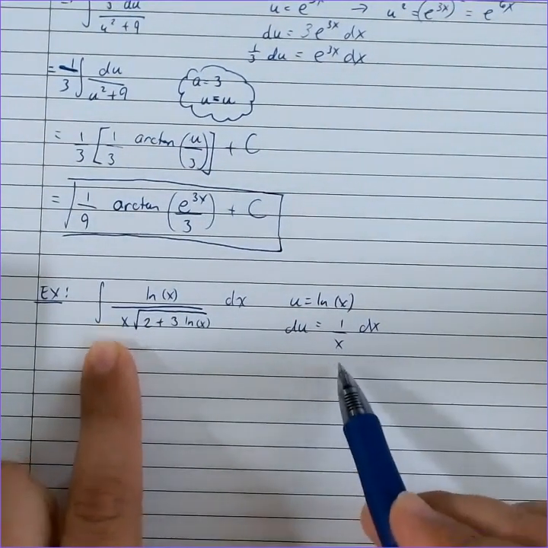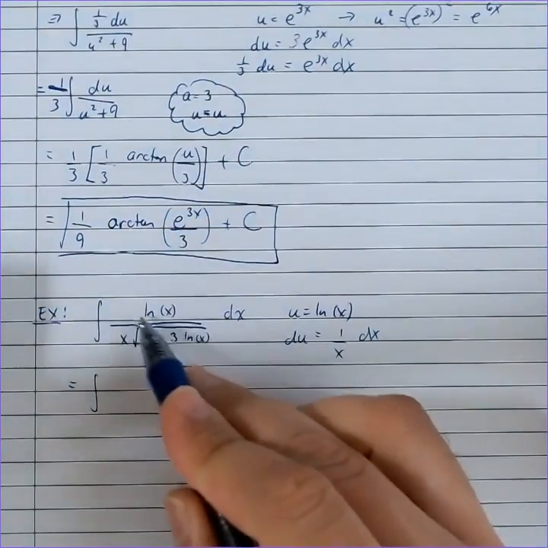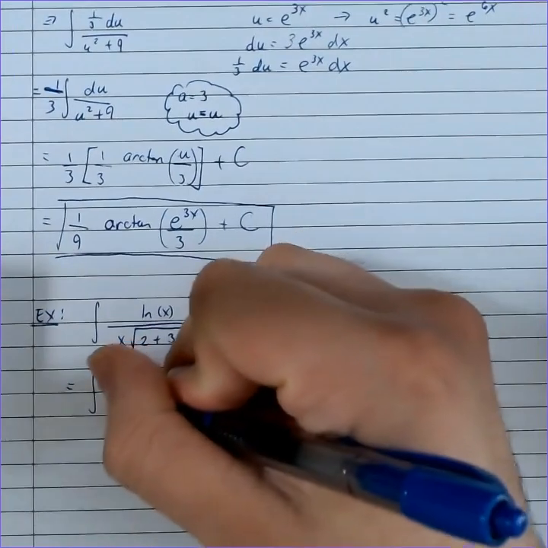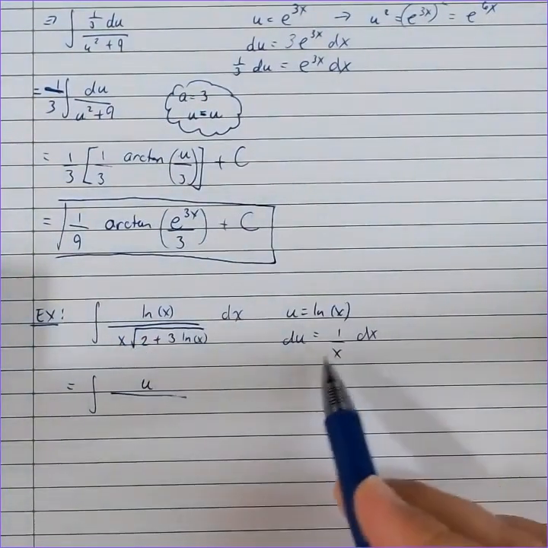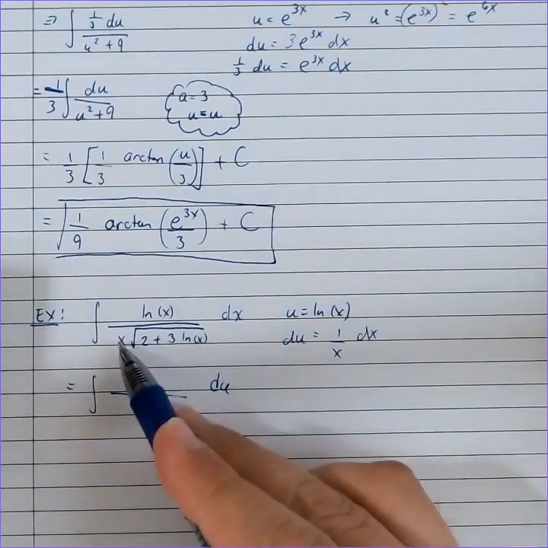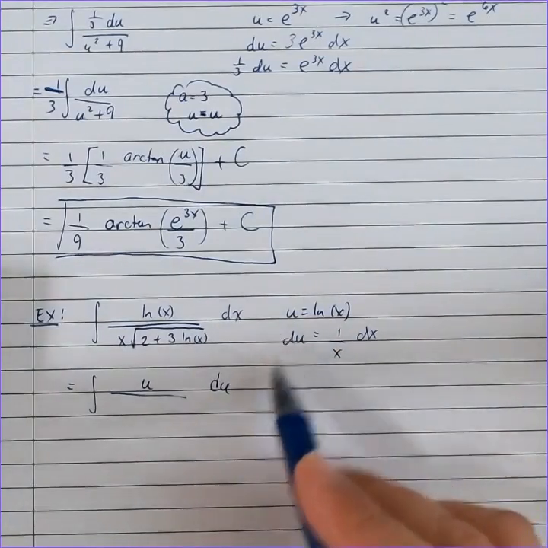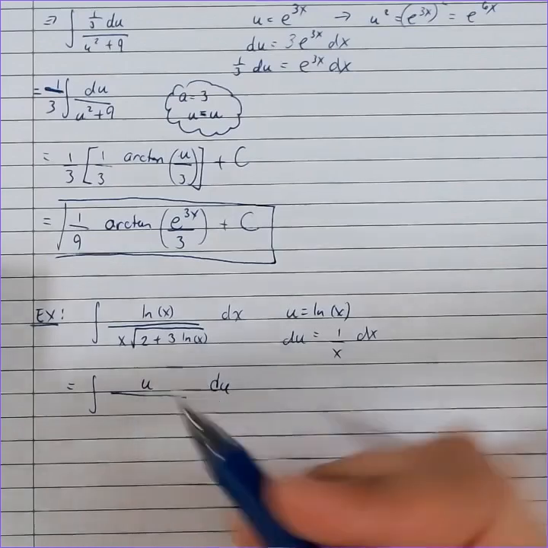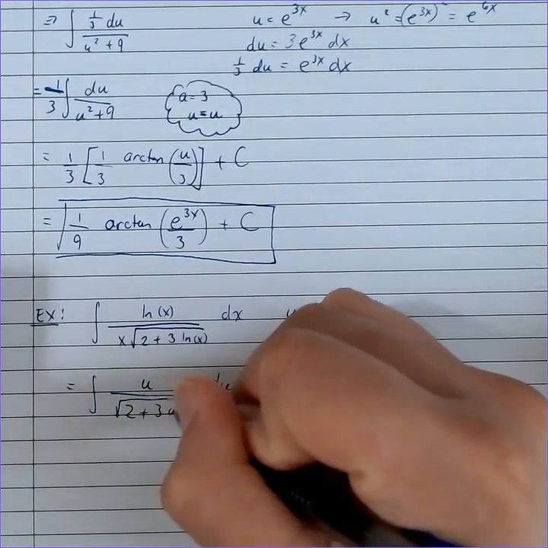Okay, so that does look like it's going to work. So this would be the integral of u over this dx over that x. That dx over that x is just du. That x hasn't gone anywhere; rather, together with this dx, that forms our du, or differential in terms of u. And now in our denominator, we have the square root of 2 plus 3u.